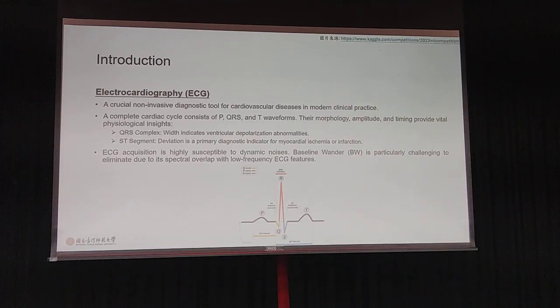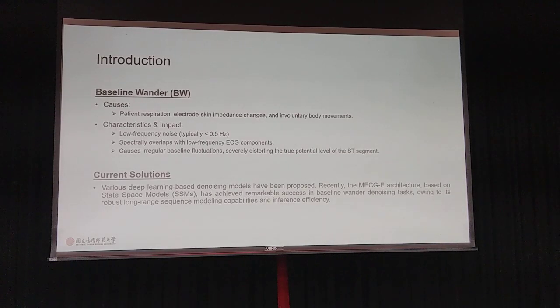However, in real-world clinical settings, ECG signals are highly susceptible to noise. Among them, the most troublesome is baseline wander. Baseline wander is primarily caused by patient respiration and electrode impedance change. The critical challenge with baseline wander is the low frequency noise, typically below 0.5 Hz.